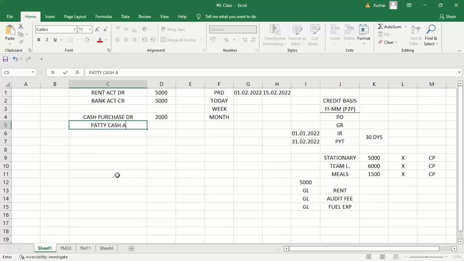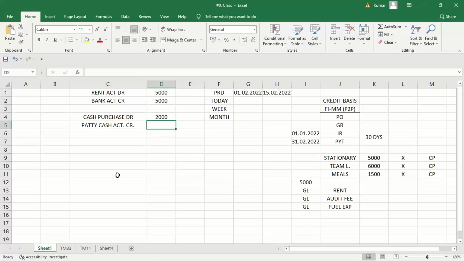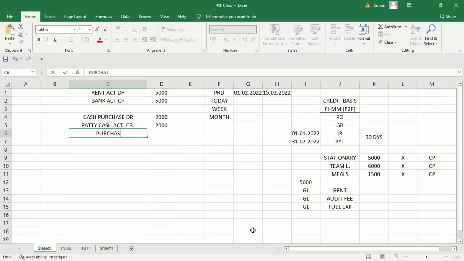So the real account, the petty cash account, is going to be credited. Don't look at the spellings and all, there might be some typing mistakes. Look at here. Now what is happening, guys? This is the transaction. And then in the text field, we maintain narrations, like purchase of stationery.